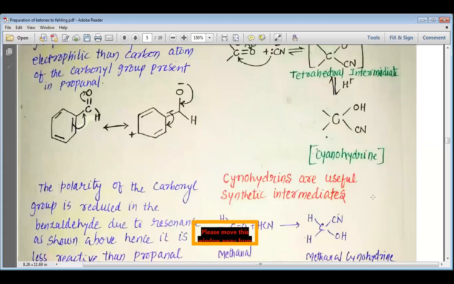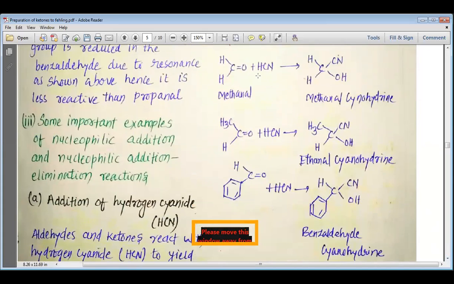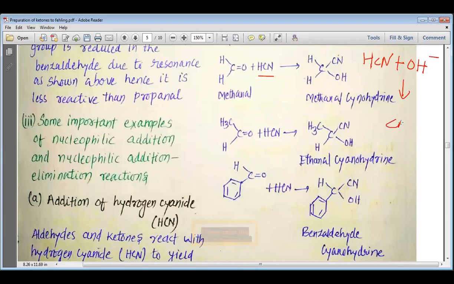Then we started studying the addition of various compounds. When HCN reacts with OH minus, which comes from the base, it gives us CN minus and H2O.